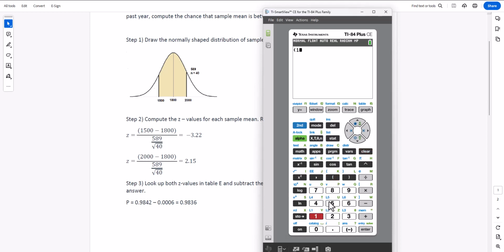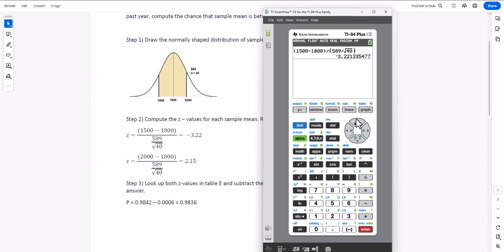I'll use parentheses, so (1,500 minus 1,800) divided by, once again, we use parentheses for the denominator, 589 divided by the square root of 40. Close the parentheses. Oops, make sure you're outside of the radical, close the parentheses, select enter, negative 3.22.